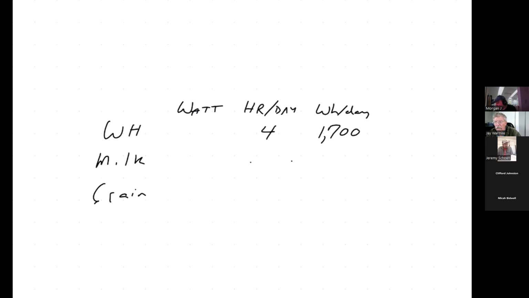The milking machine uses 900 watt hours per day and runs for 3 hours. Then the grain mixer uses 1,200 watts when it runs. And this is the confusing one: it operates for 2 hours twice a week.